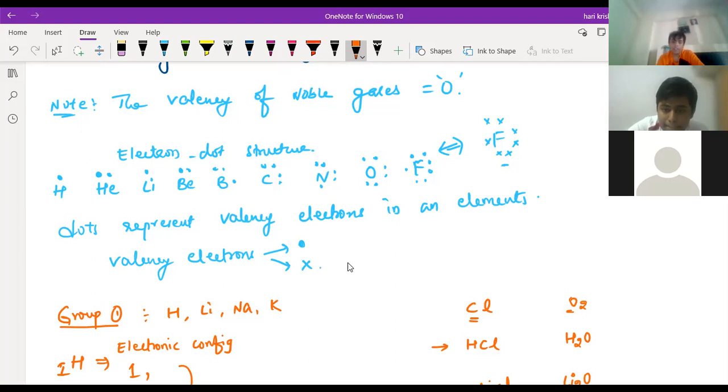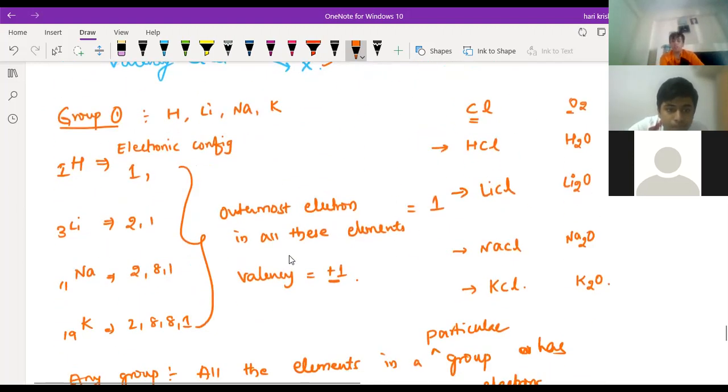The electron dot structure is indicated either by a dot or by a cross mark. Suppose you take the periodic table: the first group elements are hydrogen, lithium, sodium, potassium. Rubidium, cesium, francium are also there, but we'll check only four elements for easy understanding.